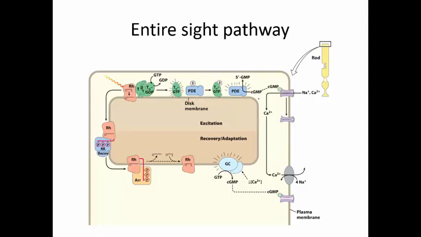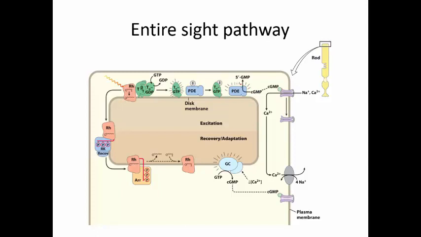So it is going to cleave cGMP into regular GMP. In this case, it actually does this by, there's another protein that is going to be bound and sort of inhibiting PDE in the dark, and it's going to move over and bind to the GTP. So that's what's going on here, to the G protein, which is happening here.